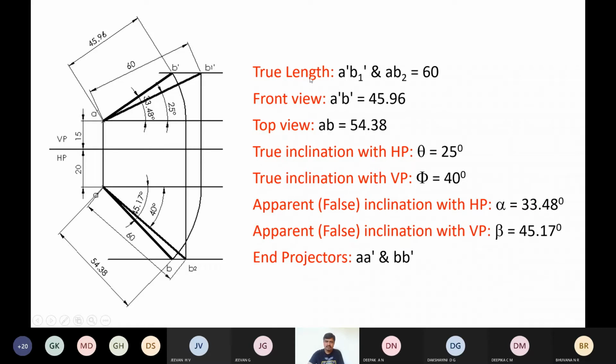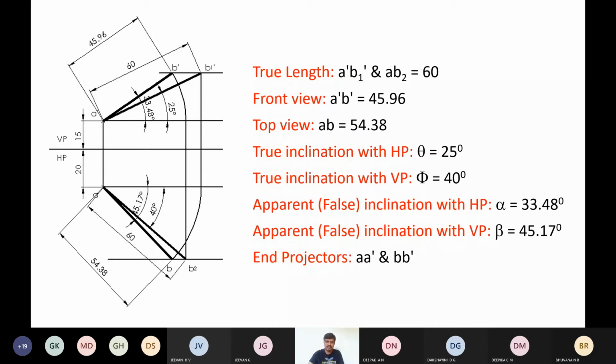True length is represented by these two lines. True length will always be larger than the length in the view. In some cases, the true length and the length of the view will be the same. That happens when it is a problem inclined to one plane and parallel to the other. In that case, in one view, either the front view or the top view, you will get the true length. That is a different case.